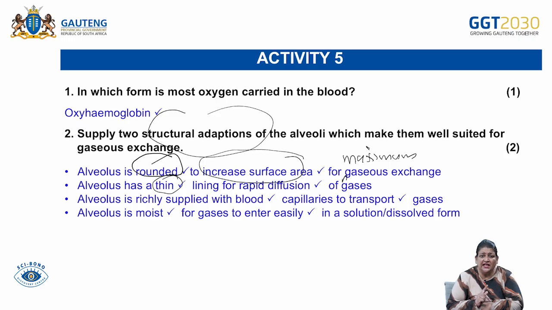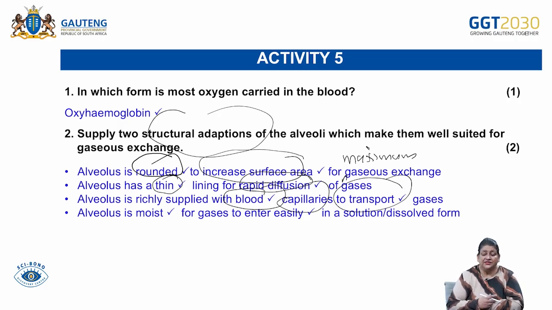We said it has a single layer of squamous epithelium for rapid diffusion of gases from the lungs to the blood, okay? The alveolus is richly supplied with blood capillaries. For what? To transport the gases to the lung and from the lung, but for transport.